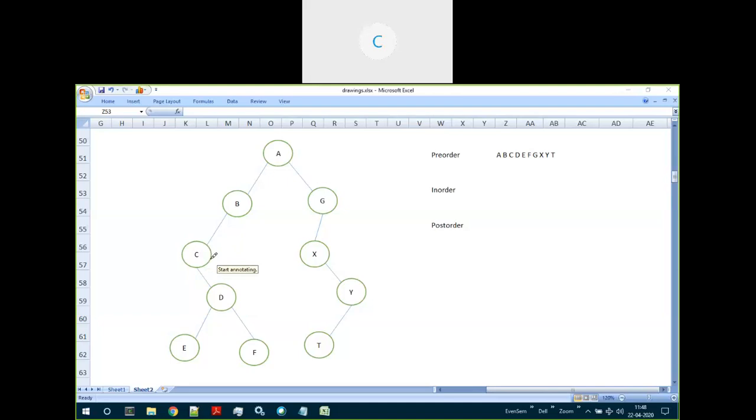Since it is in-order, I have to first visit left, then parent, then right. Since in this particular C subtree there is no left, I cannot go to the left side. Since the left side is not present, and since it is in-order, I have to visit the parent.